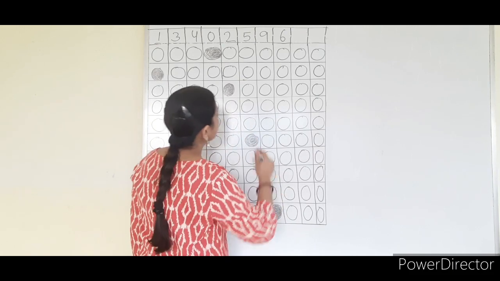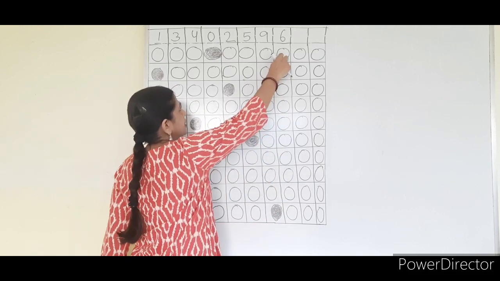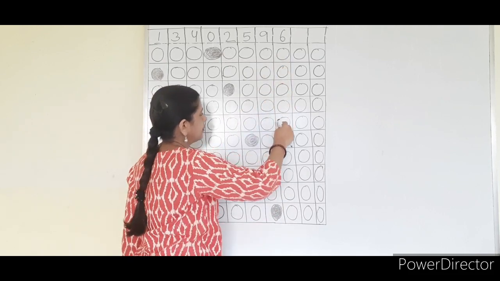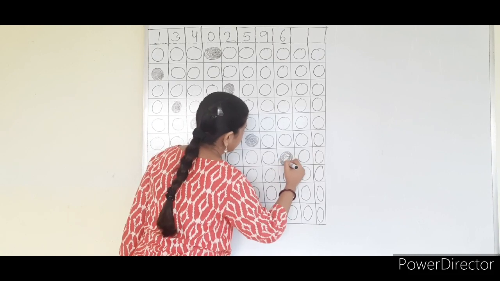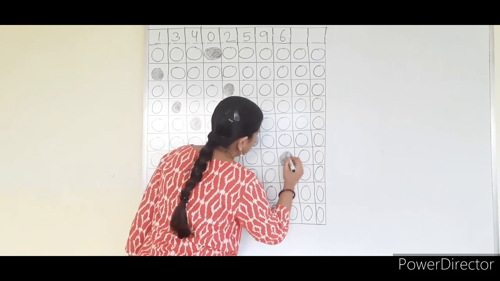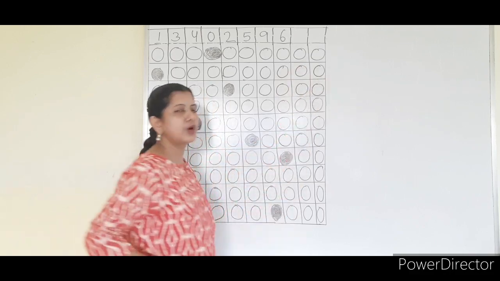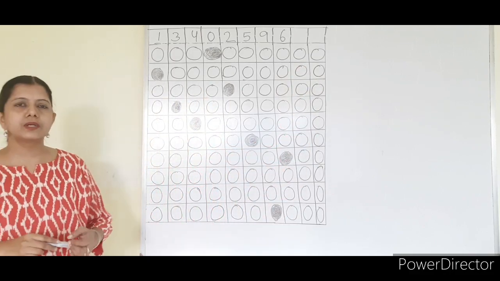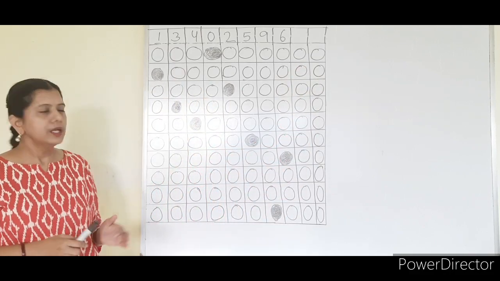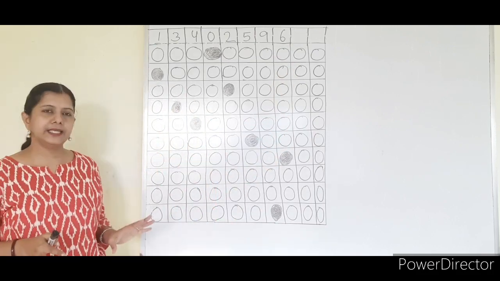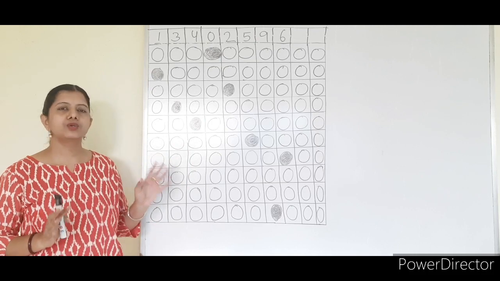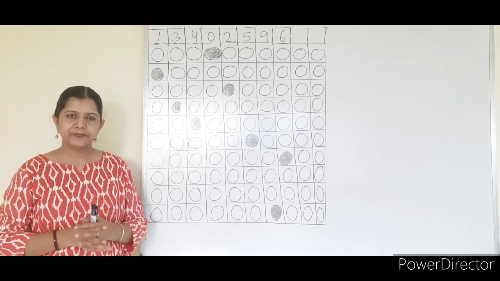Next is 6: 0, 1, 2, 3, 4, 5, 6. So this one is 6. Suppose two more boxes are there, but your roll number has only 8 digits. Then nothing has to be filled there. In this way, you complete your roll number.